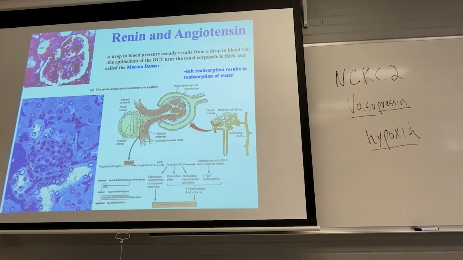So you're just cleaving the protein down into a smaller and smaller protein until it can take up its proper three-dimensional shape. All of these things, stimulus of vasoconstriction, thirst, vasopressin secretion, sodium chloride reabsorption, all will increase arterial blood pressure and blood volume, right?